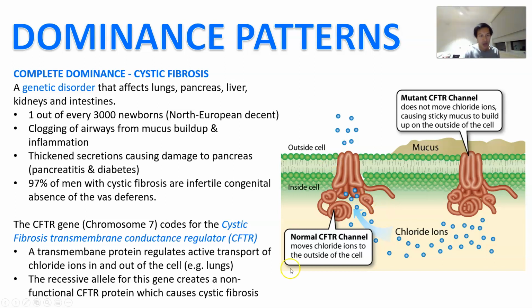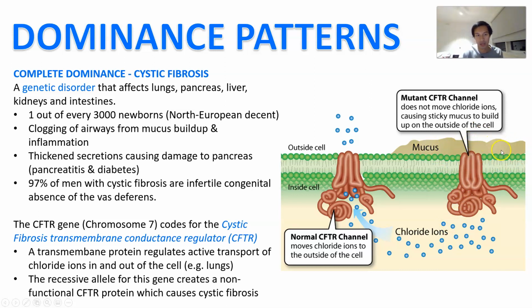If you have a recessive allele for this gene, the recessive allele is kind of like a really badly written recipe, and you end up producing a CFTR protein that doesn't work. Because it doesn't work, it doesn't move chloride ions out of the cell to remove mucus along organ membranes.